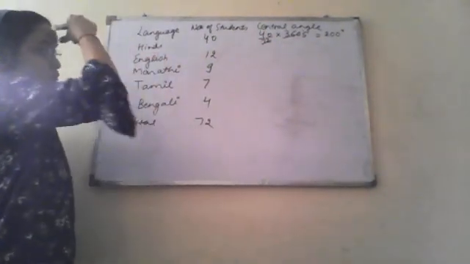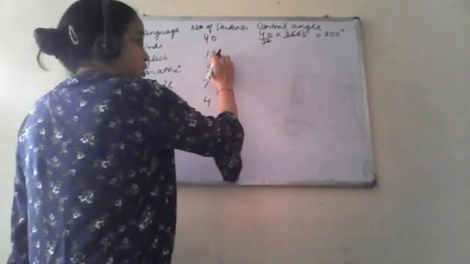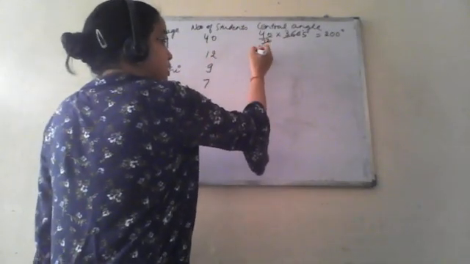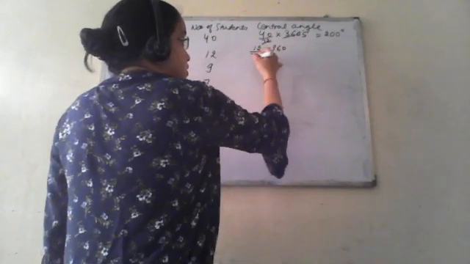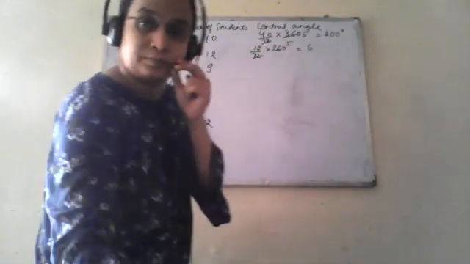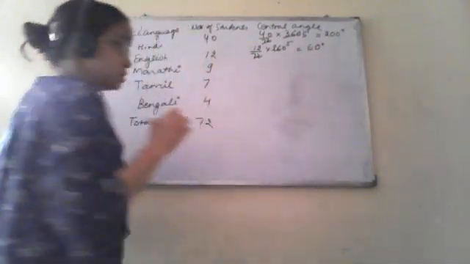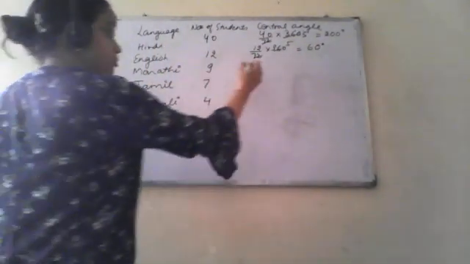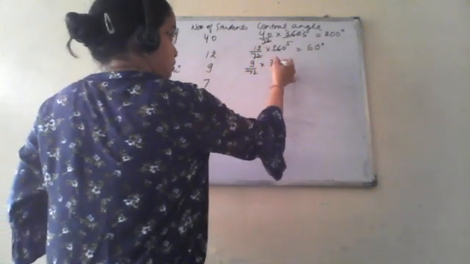Similarly, we will calculate for English. Central angle for English will be the number of students who are speaking English upon total number of students into 360. So 12 into 5 is 60. This 60 degrees is the central angle for English. Similarly, Marathi it will be 9 upon 72 into 360.